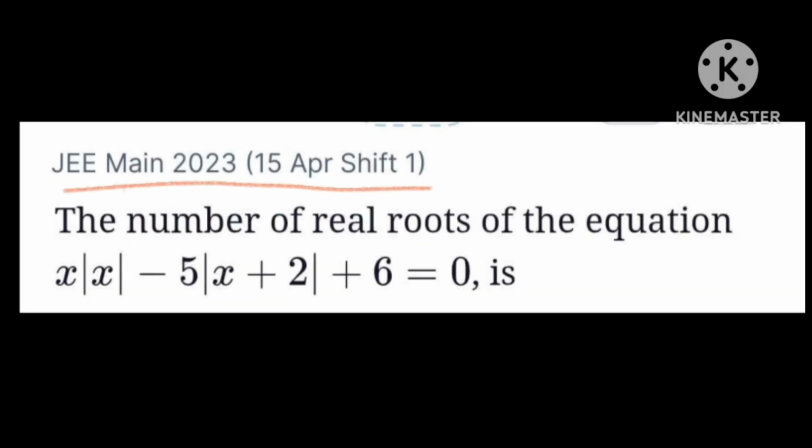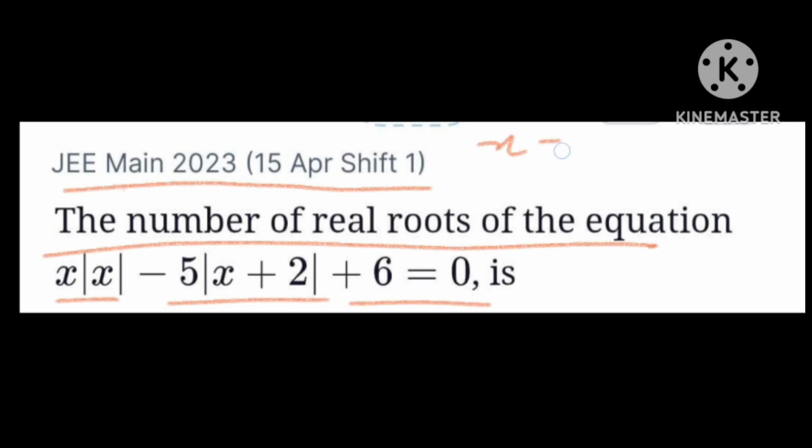2023 JEE Mains, so the number of real solutions of the equation x modulus of x minus 5 modulus of x plus 2 plus 6 is equal to 0. So here x is equal to 0 and minus 2. So the values here are minus 2, 0.